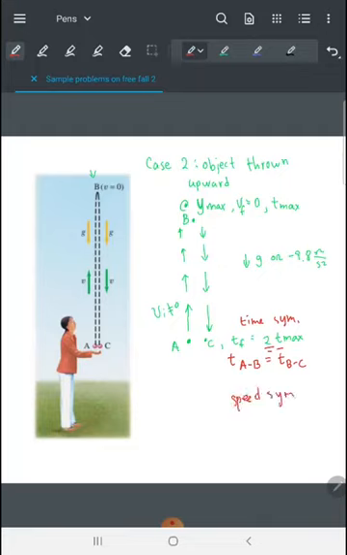So for example, if the initial velocity is 10 meters per second, so at point B, 0 siya. Pero it will slowly gather speed as it goes down, such that kapag siya ay nasa baba na, nasa C na, equal niya na yung kanyang initial speed. Pero negative kasi downwards, di ba?